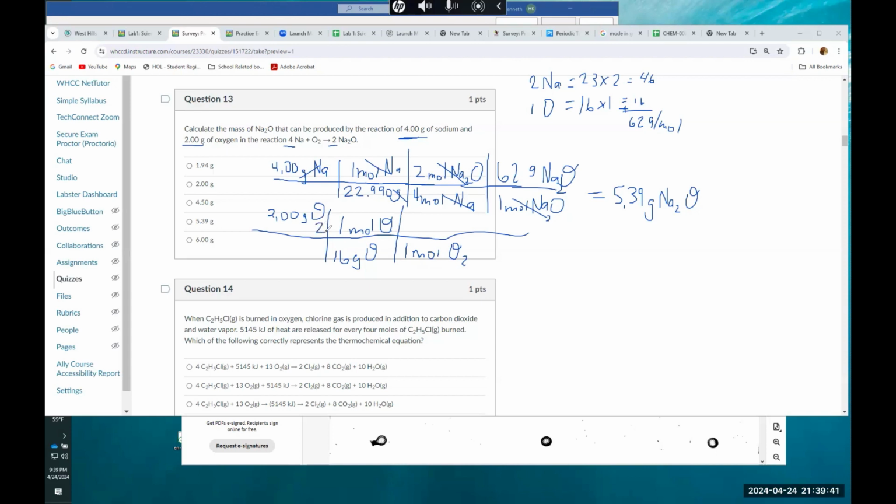This should be O2, because we know that it's diatomic, so this should be 2, and this should be 32.